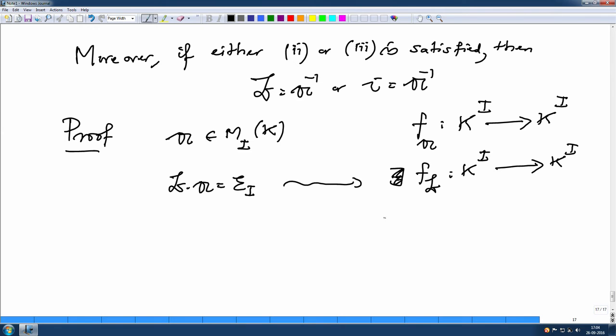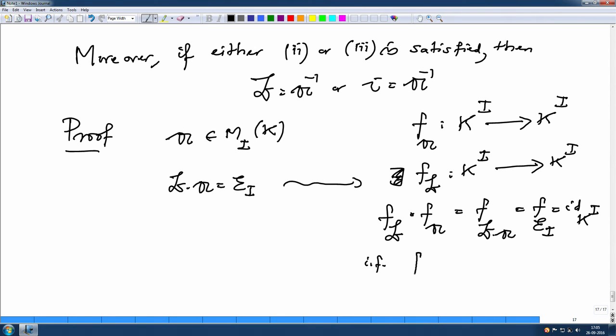If I compose these maps, F_B compose F_A, this is nothing but F of B times A, which is F of the identity matrix, which is the identity map of k power I. So that means this map F_A is injective, because when something goes to 0, I compose with this and it still goes to 0, but this is identity, so that element itself is 0.